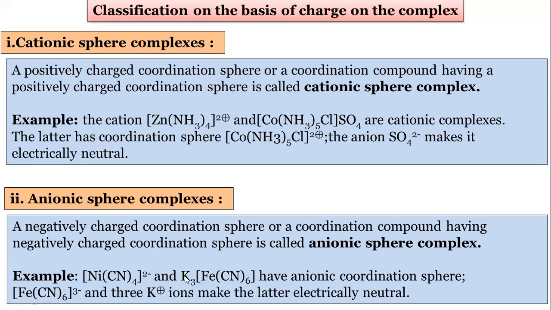So there will be 3K+ as counter ions, and the complex is an anionic complex, because the charge present on the complex is negative.